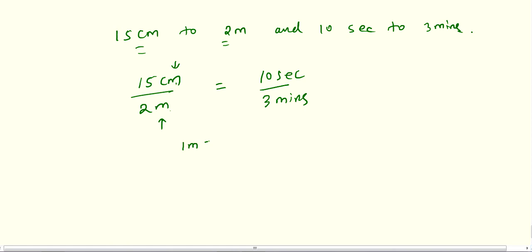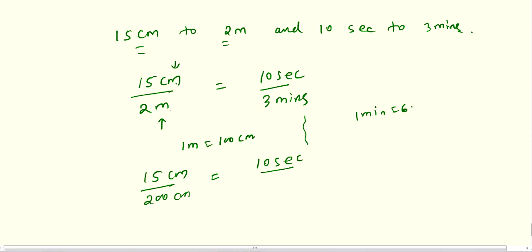As you know, 1 meter equals 100 centimeter. So simply 2 meter equals 200 centimeter, equals 10 second upon, 1 minute equals 60 seconds. So here we have 3 minutes, means 60 into 3, so 180 seconds.